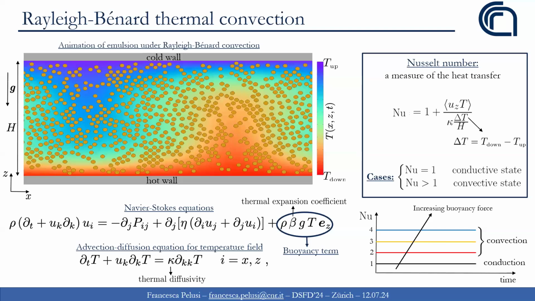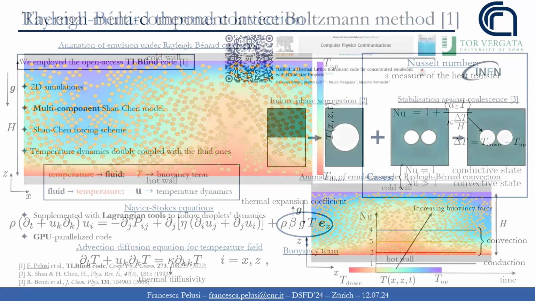But if you increase enough the buoyancy force entering here, then you observe that the value of the Nusselt number increases as well. So in this game, there are two main players. One is the droplet concentration, and the other one is the buoyancy force. So the heat transfer properties are ruled by these two main parameters.